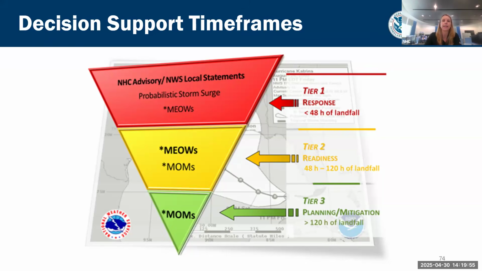So you're going to begin to see that information come in, and you'll see the potential storm surge flooding map, which comes right out of P-Surge. And then once we get within the watch warning time frame, you'll also see that peak storm surge forecast graphic and the storm surge watch warning together. So those timelines are kind of in that response phase.